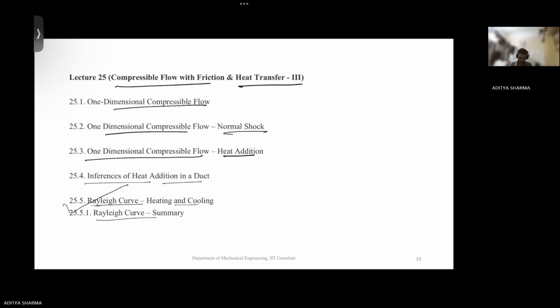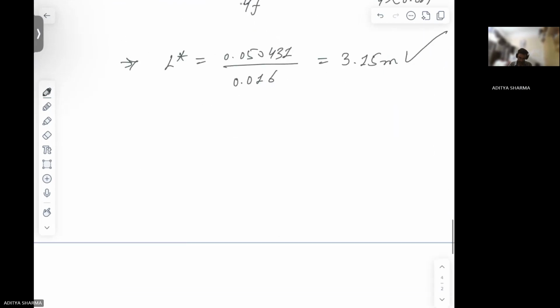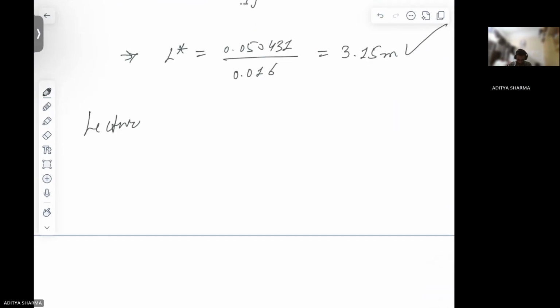Initially, introduction to compressible flow has been given, then across the normal shock, how the flow properties behave. Then one-dimensional compressible flow with heat addition. These two curves, Rayleigh curve and Fanno curve, are sufficient to understand the heating effects and the frictional effects respectively. So first we will see the Rayleigh curve.